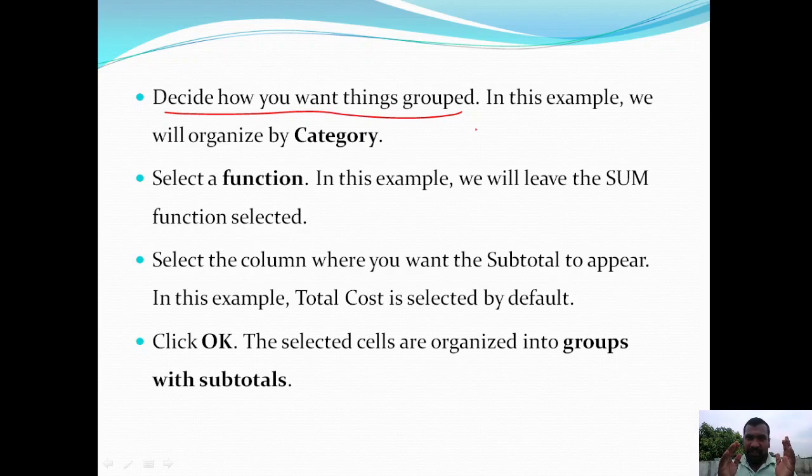Whatever information is available on the worksheet, you need to decide on which basis you want to group that information. If the information has 20 rows, how you categorize and group those 20 rows into different subgroups, based on what criteria, must be selected first.